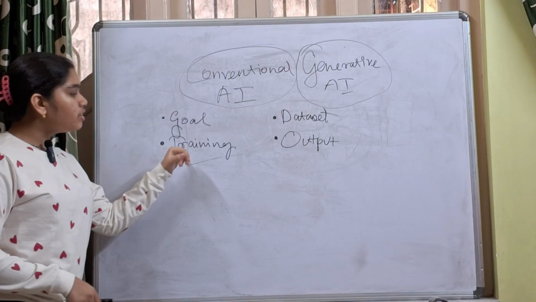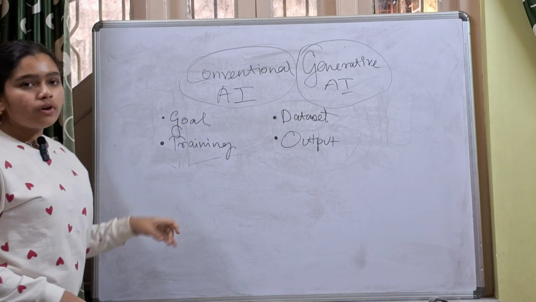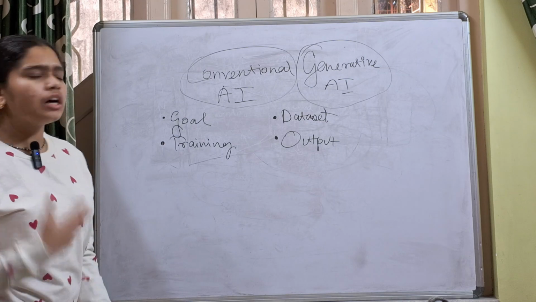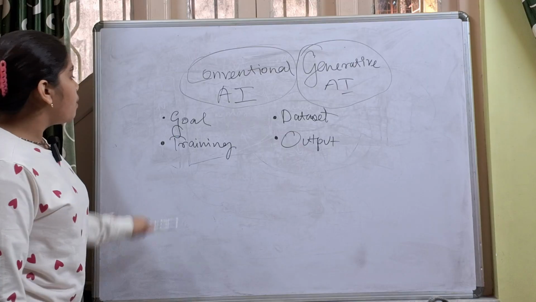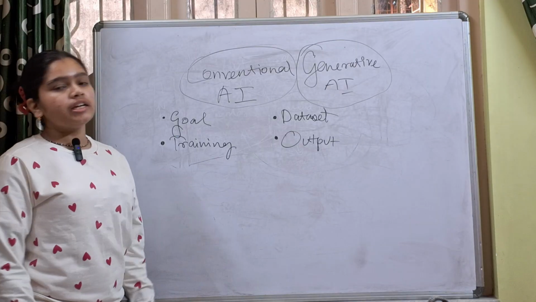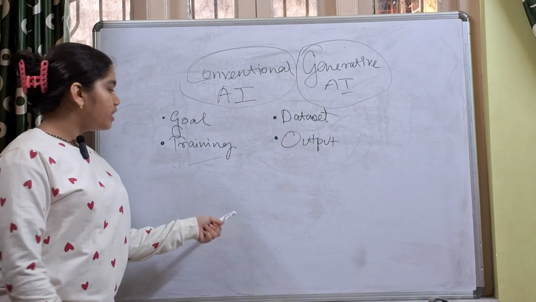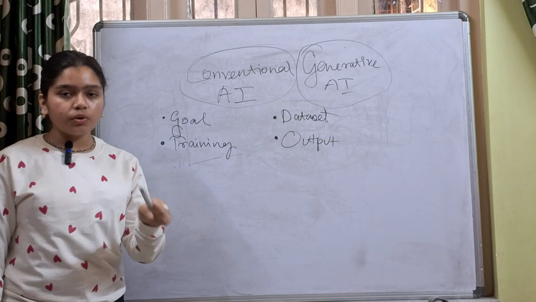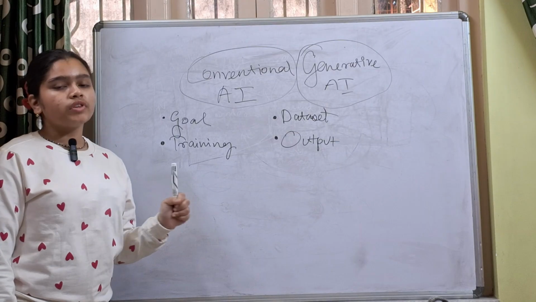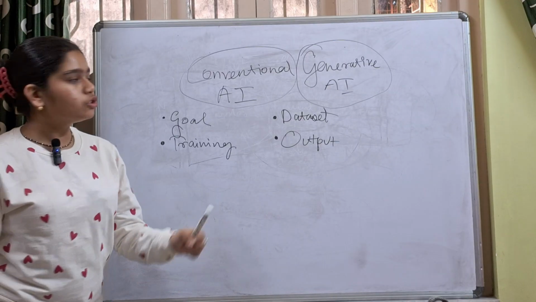And next, in terms of training, conventional AI is trained on the basis of supervised learning, unsupervised learning, then reinforcement learning. And generative AI is trained using GAN, which is generative adversarial networks, RNN, recurrent neural network, then VAE, variational autoencoder, and AE, which is autoencoder.